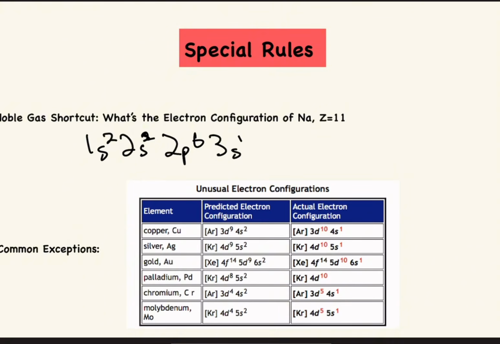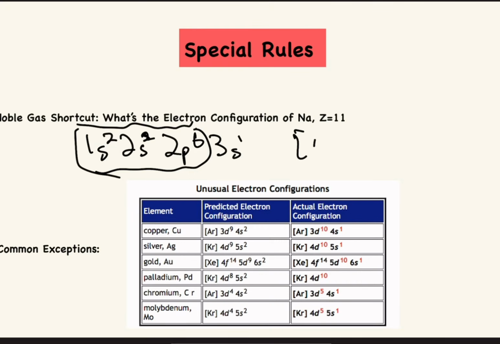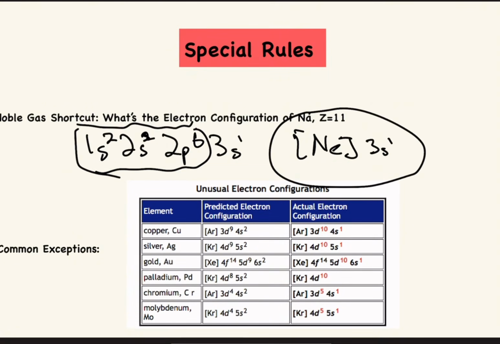But rather than writing this whole thing right here, you can instead look at the noble gas that came before this group 3 and say, okay, that was neon. So we simply say neon in brackets and put 3s1, and that's it. That's your entire answer, because neon is essentially equal to 1s2, 2s2, 2p6, right?